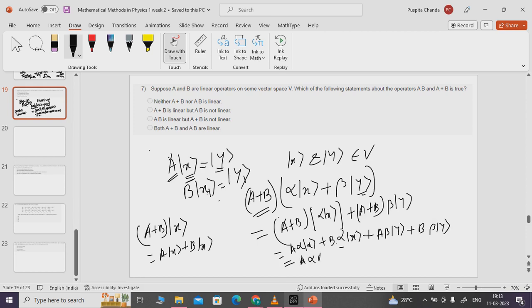It will become alpha Ax plus alpha Bx plus beta Ay plus beta By.